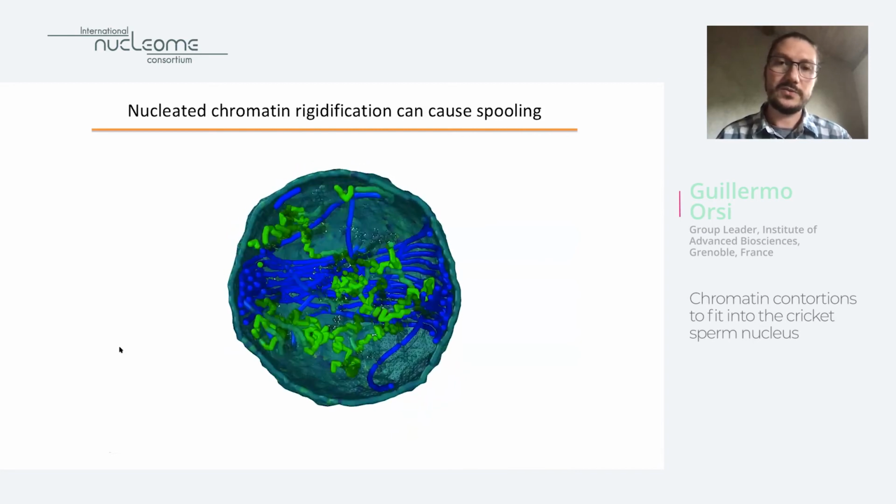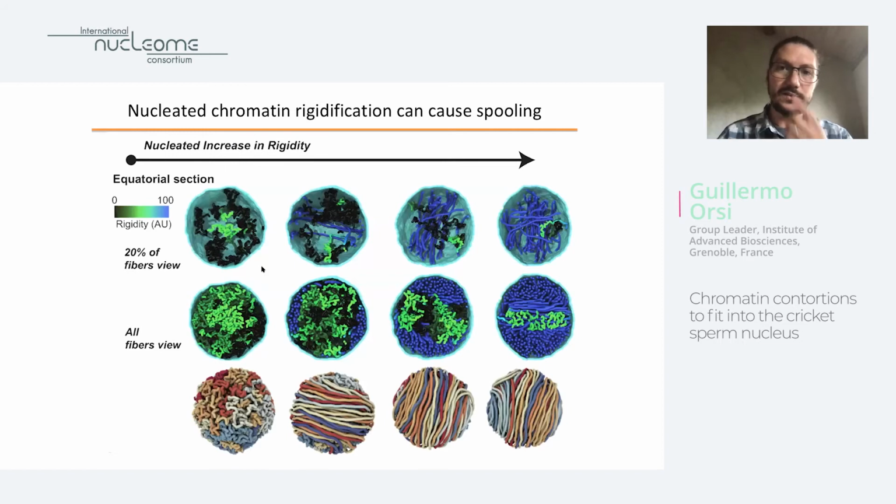And so to recapitulate what happens with this model, here on the top panel, you see only part of the fibers. Here you see all of the fibers. But basically, what we see is that there is a very clear pattern of where the rigidifying chromatin should be localized in the nucleus, with a spool of chromatin really forming around the nucleus, but with a certain polarity, right?